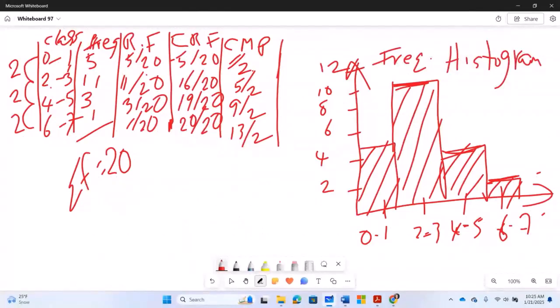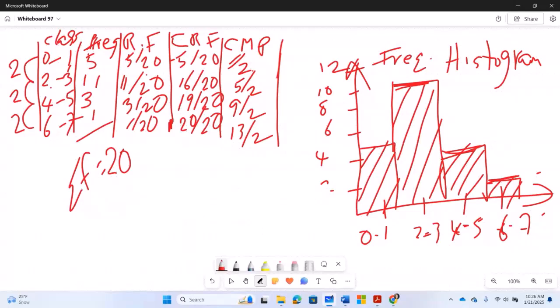What if I'm told to draw a relative frequency histogram? What if the question says draw a relative frequency histogram? Actually, I can just go to my right-hand side and rewrite what I just did. The most important thing is that I can just go ahead and put the denominator.